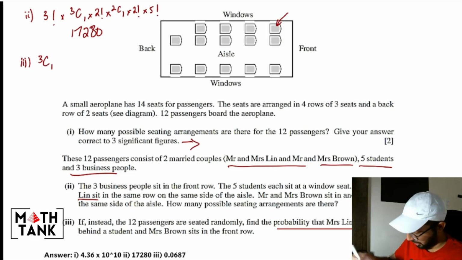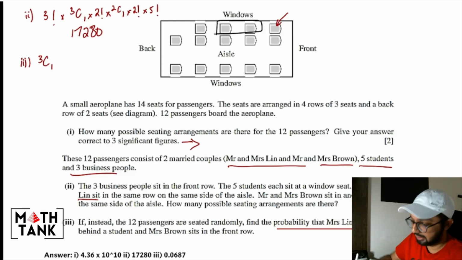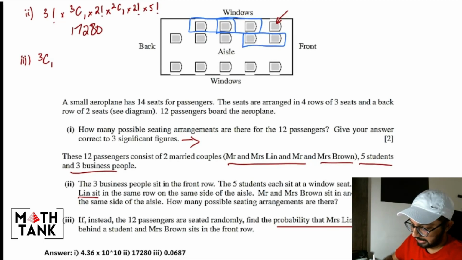Now what Mrs. Lin does is she sits directly behind the student. So can I say that Mrs. Lin and the student are then sitting in a group like that? Okay, let me draw it with the blue colored. So they could either be sitting here or sitting here or sitting here.